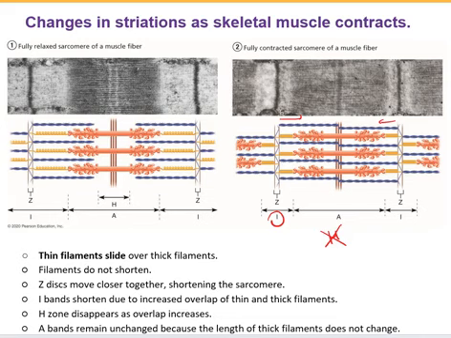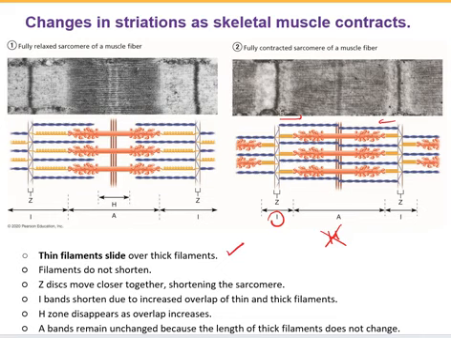The changes in the bands are due to the increased overlap of the filaments as the actin filaments slide past over the thick filament. So it is not because they are shortening themselves, but because we have the overlap between the filaments. So we know thin filaments or actin filaments slide over the thick filaments.